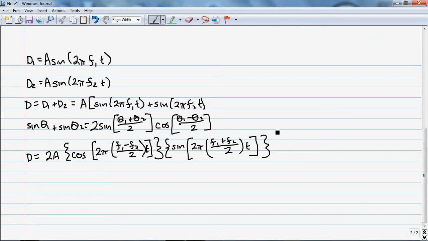And now you see you have a sine wave, but now you have a cosine that gets attached to this amplitude. And this is what makes your envelope. This is what makes the top and bottom piece where the wave is in between.